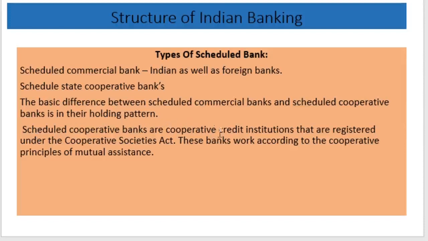Scheduled cooperative banks are cooperative credit institutions that are registered under the Cooperative Societies Act. These banks work in accordance with the cooperative principles of mutual assistance, whereas the scheduled commercial banks perform in accordance with the rules and regulations of the Reserve Bank of India.